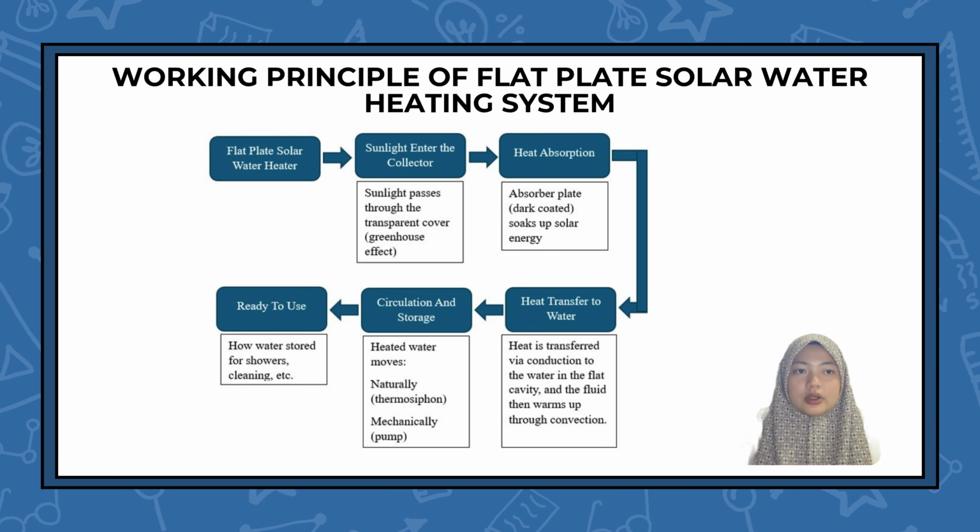Next, the circulation and storage. The heated water moves naturally by thermosiphon and then mechanically through the pump, and then the warm water will be stored for shower, cleaning, and other uses in our daily life.